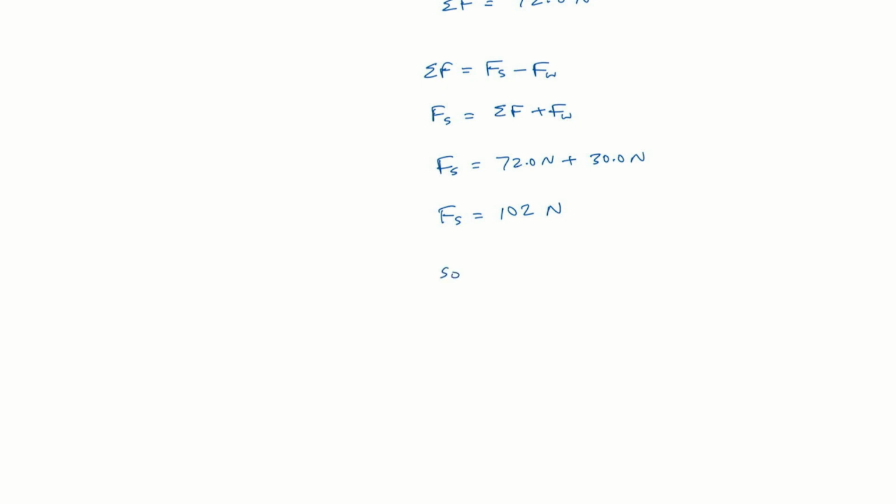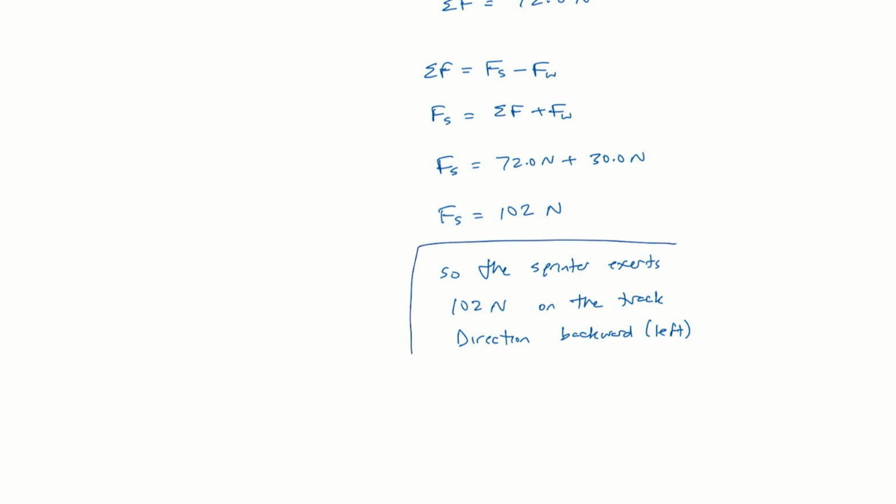So we can say the sprinter exerts 102 newtons of force on the track, and the direction is backward, or left. And that was using Newton's third law.